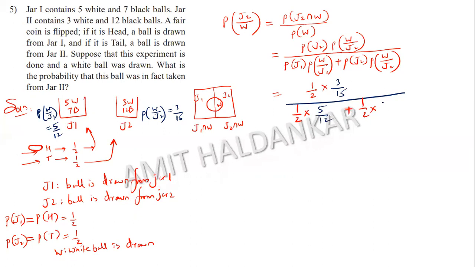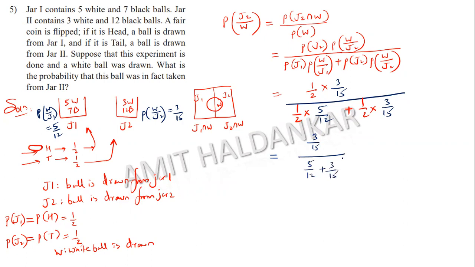And this will be 3 out of 15. So when we calculate this, we get 1 by 2 into 3 by 15. So half will go away. You will be left with 3 by 15 upon 5 by 12 plus 3 by 15.